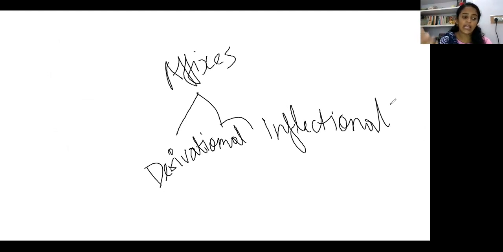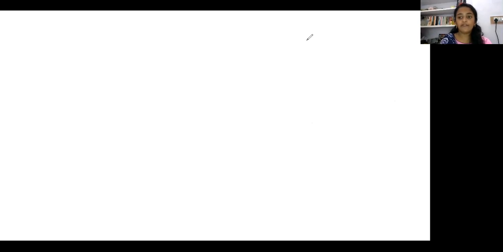Now, what are they? Affixes that are used to derive words, that means they change the word from one type to another, are called derivational affixes. And those which are used to inflect words, those which have purely grammatical functions, are called inflectional affixes. Let's look at them carefully.